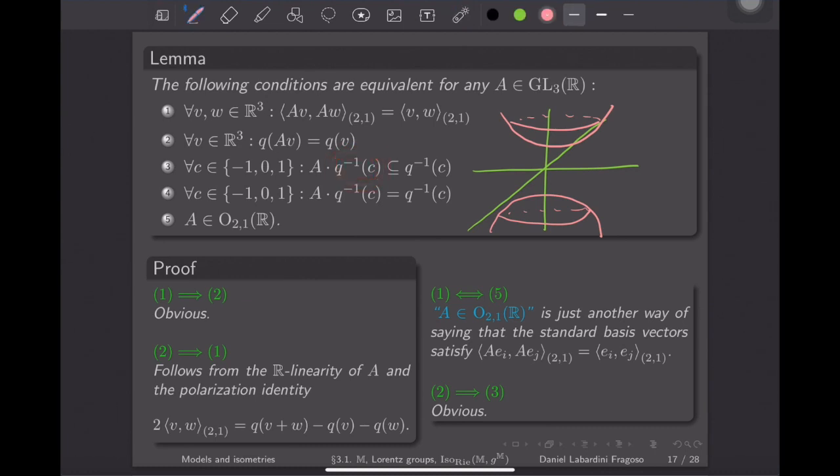Then Q equal to 0 is the light cone, both for the future and the past. The drawing is really terrible, but for Q equal to 1, it's this one-sheeted hyperboloid.